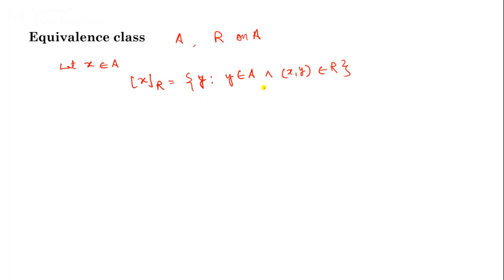Now equivalence class. Suppose A is a set and R is a relation on A. Now if R is an equivalence relation, then we define the equivalence class for each element of A. Let x belong to A, so the equivalence class of x with respect to the equivalence relation R is defined as the set of y such that y belongs to A and (x, y) belongs to R. All the elements y of A such that x is related to y.